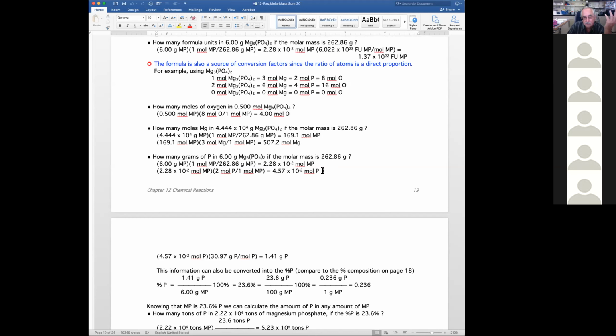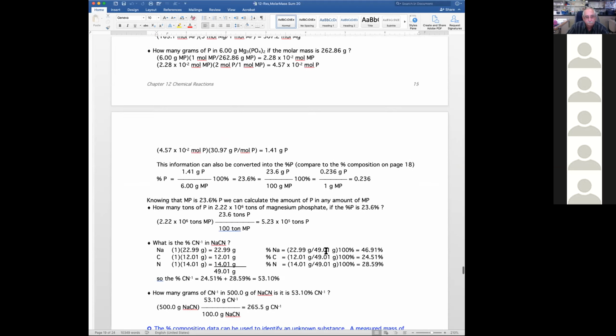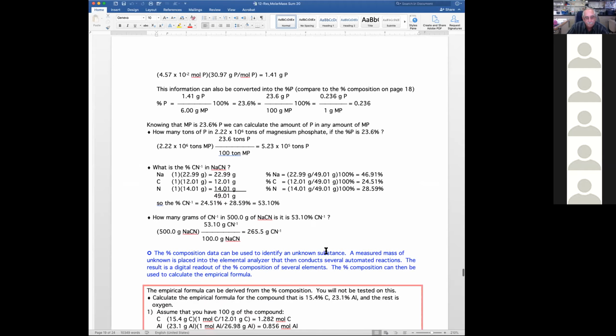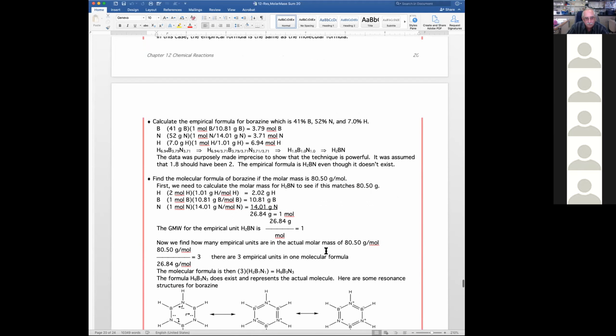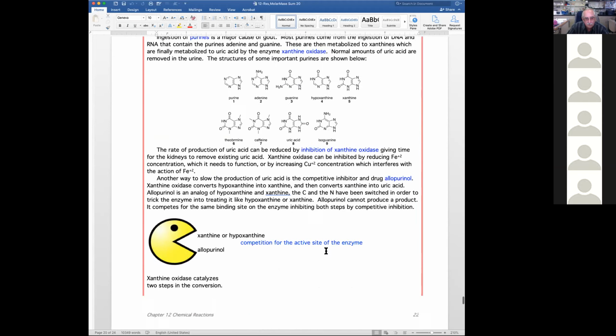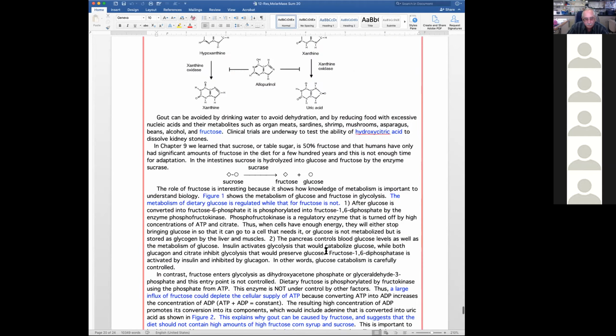So then I can just use the molar mass from the periodic table to turn moles of phosphorus into grams of phosphorus. So I don't know if there's anything more over here. Yeah, that's it.